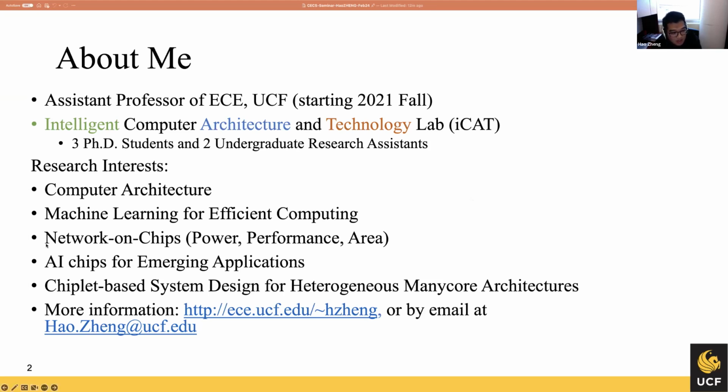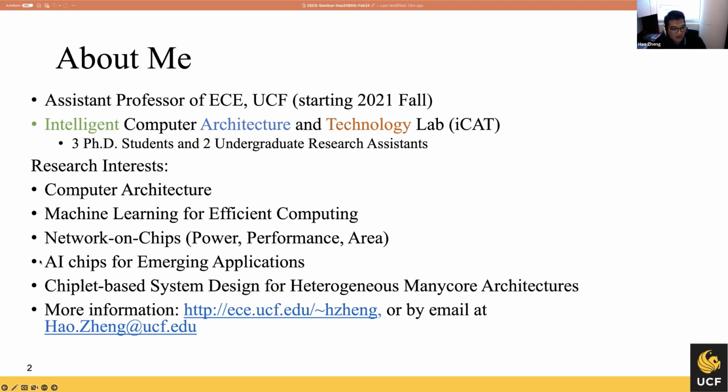During my PhD, I focused on network-on-chip design for multicore architectures. For this project, we mainly designed flexible, versatile communication fabrics in support of multi-application execution.